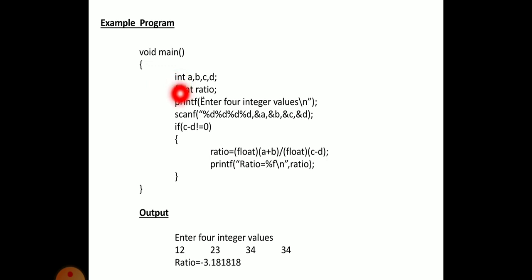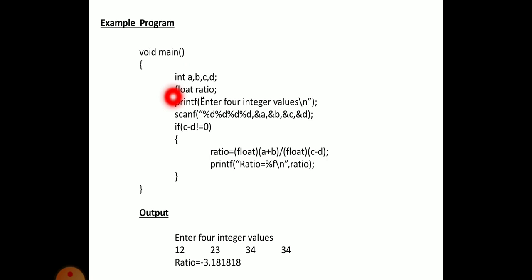The first statement given is int a, b, c, d. We have learned about the declaration of variables. Here we are declaring four integer variables a, b, c and d, all declared as integer values.